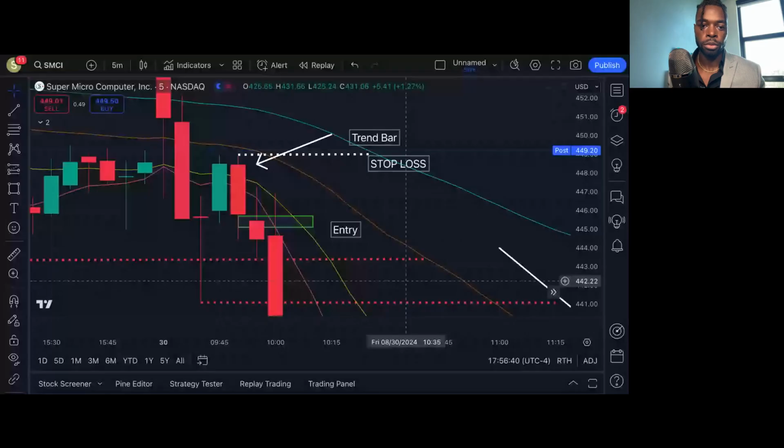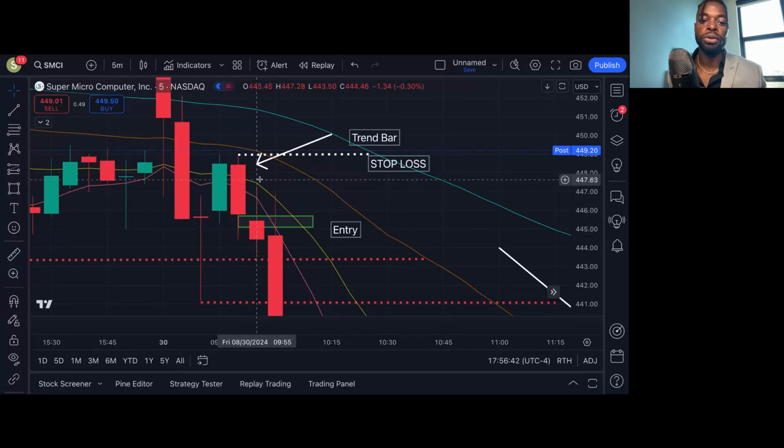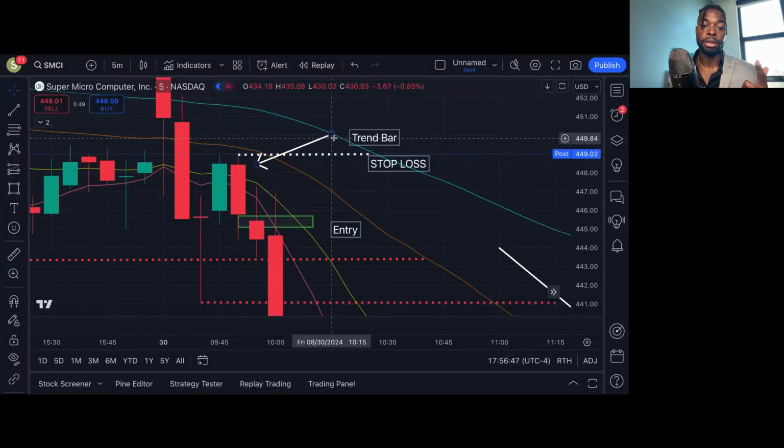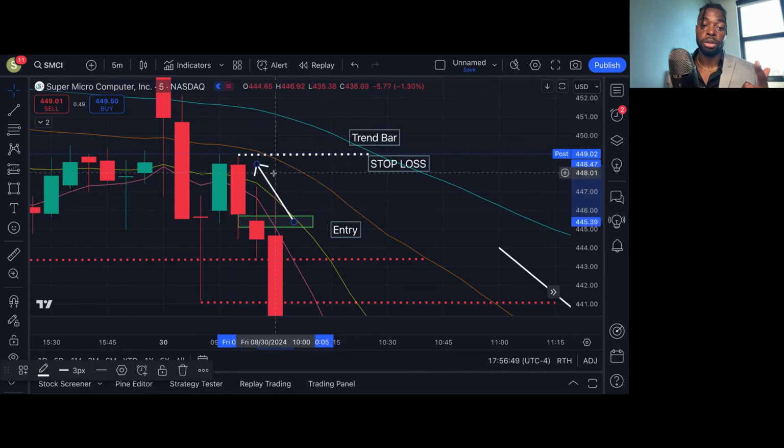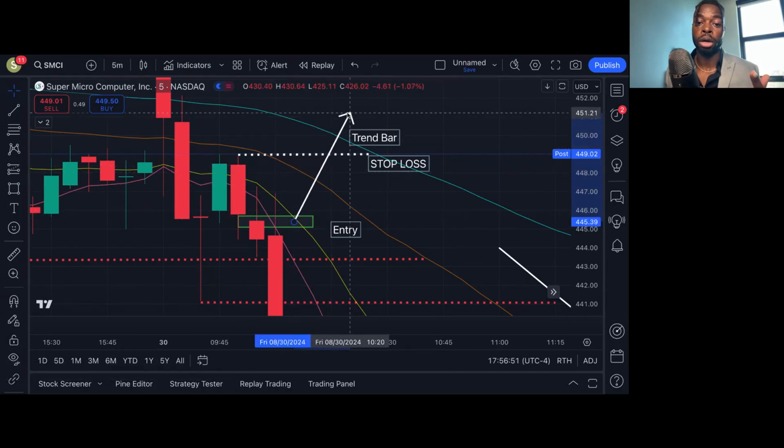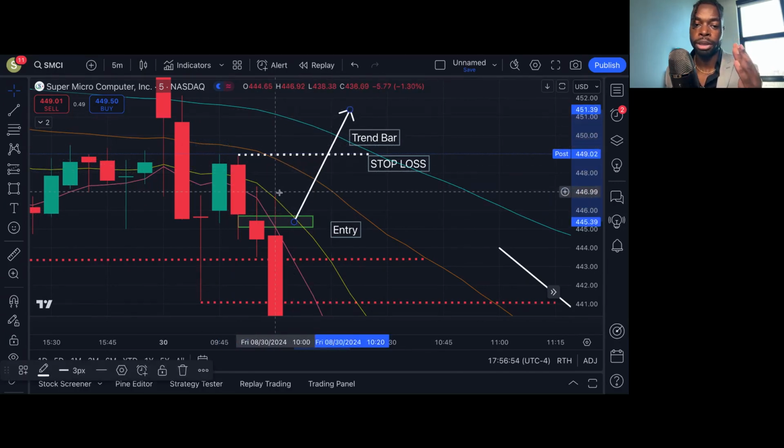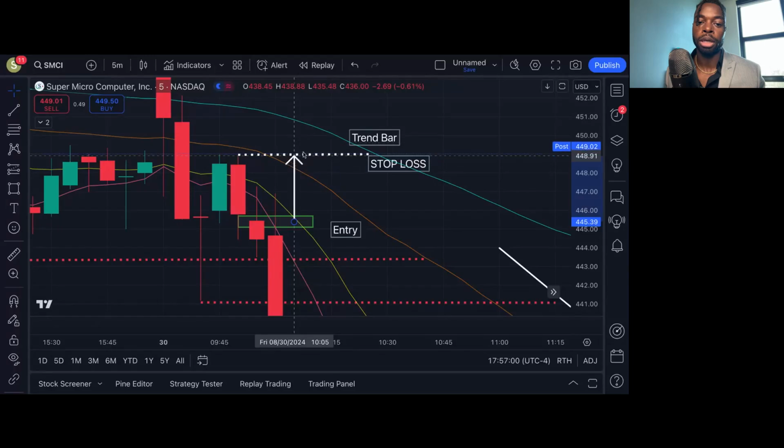In order for that to happen, we would push all the way up past where we started from the sell, which is why we set that stop one tick above. If we end up moving all the way back up here, that's telling me this stock is going to end up moving all the way back to the upside. There's enough buying pressure to send the stock moving back up. So ideally, the stock should not end up coming up above this.